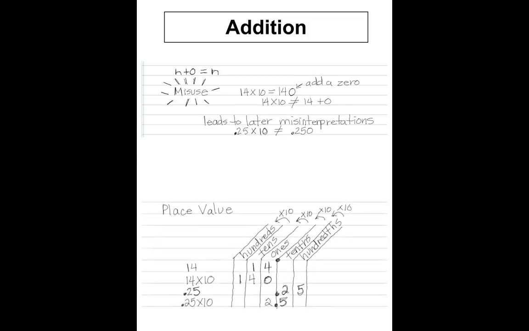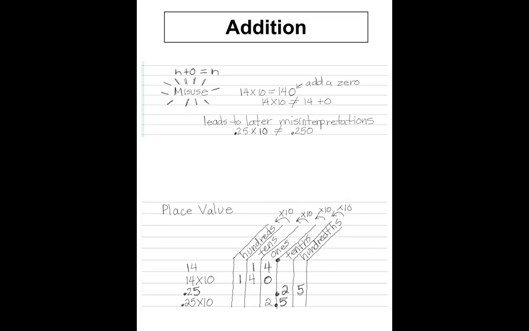So here's a simple place value chart, and if I put the number 14 into the place value chart, I know I have 1 10 and 4 ones. And if I multiply 14 by 10, I know that as I move to the left on the place value chart, I am multiplying times 10. So as I move to the left, I am multiplying times 10.